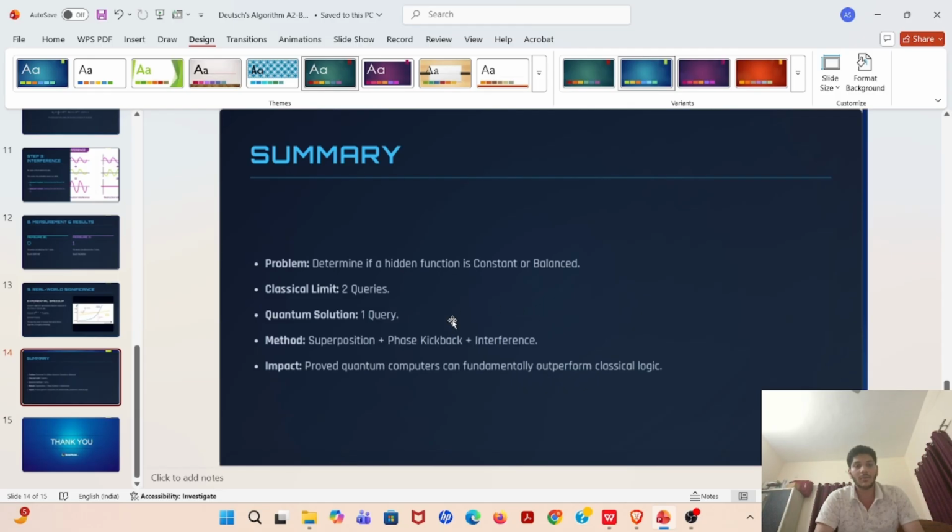We also learned about the Hadamard gate, etc.